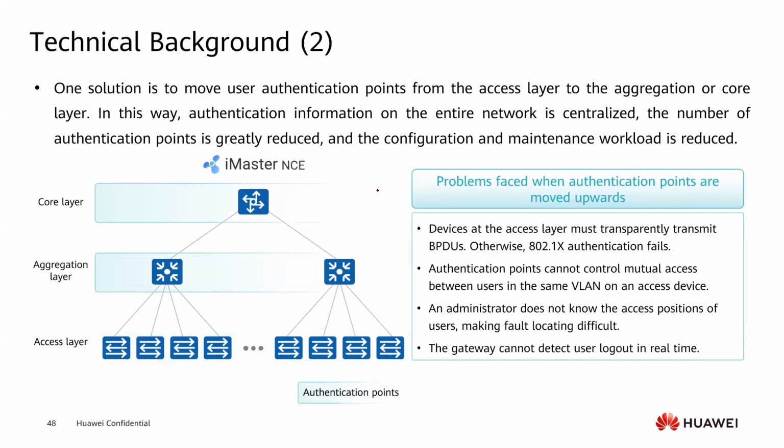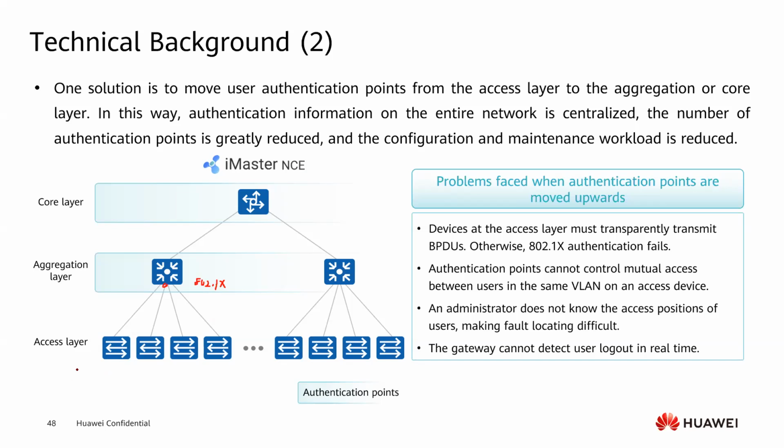So sometimes we will move the authentication point up to the aggregation layer or the core layer. However, if we move the authentication point up to the aggregation layer, for example, if you use 802.1x authentication, first you need to enable transparent transmission on the access layer, right?